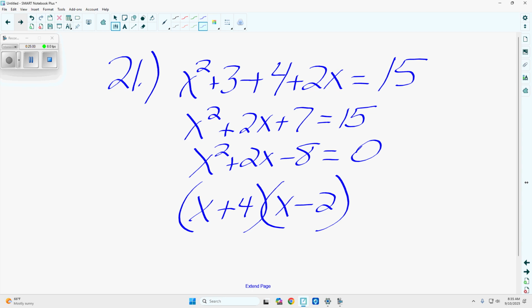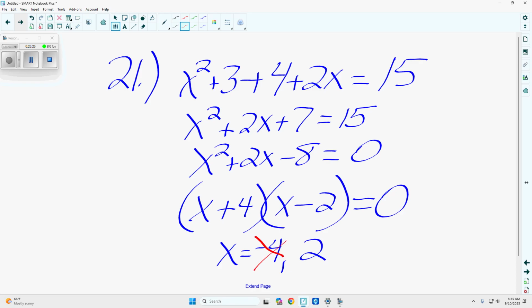Equals 0. So that means that x is negative 4 and x is 2, the opposites, right? So it said find the value of x. Obviously, x can't be negative 4, can it? Because that would make QR a negative value. So this guy is out.